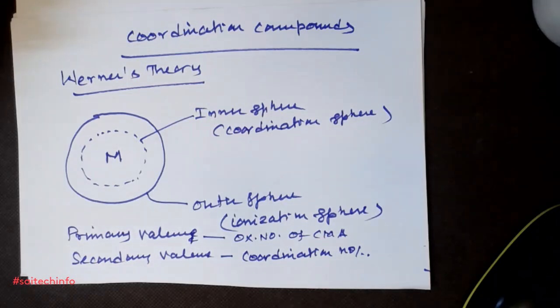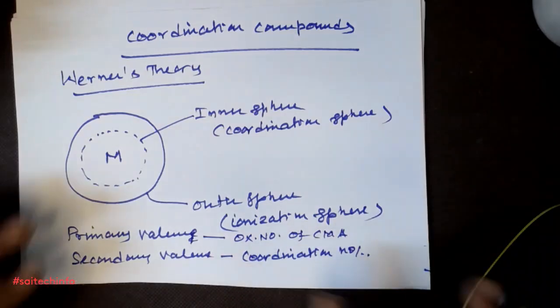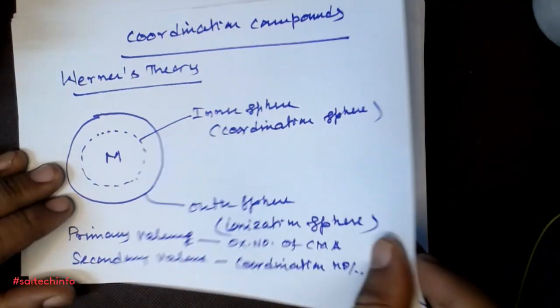And now let me explain one important thing. He was able to explain the behavior of cobalt chloride with 6 moles of ammonia.